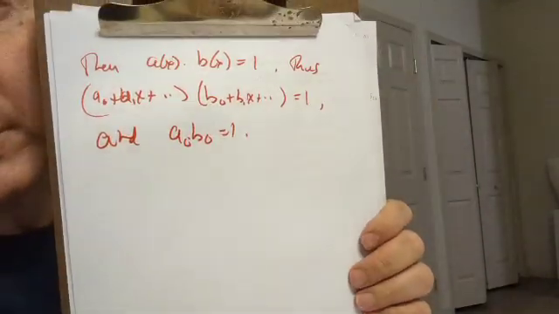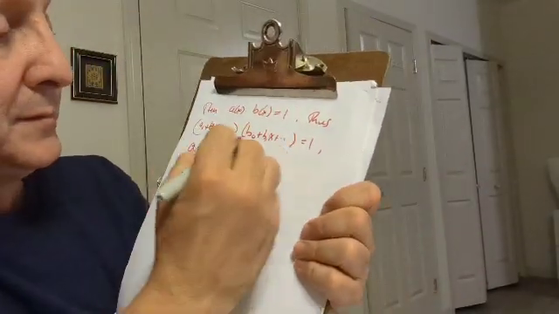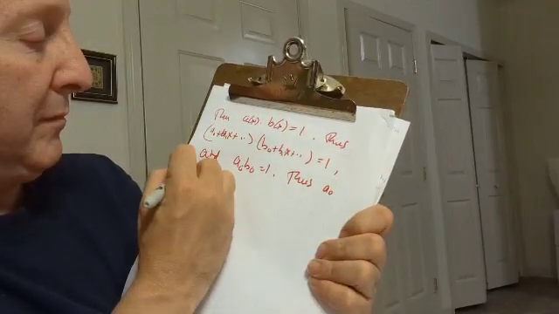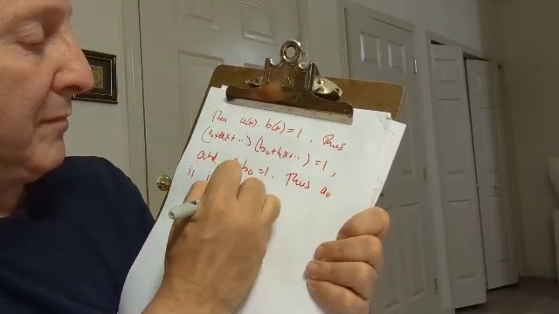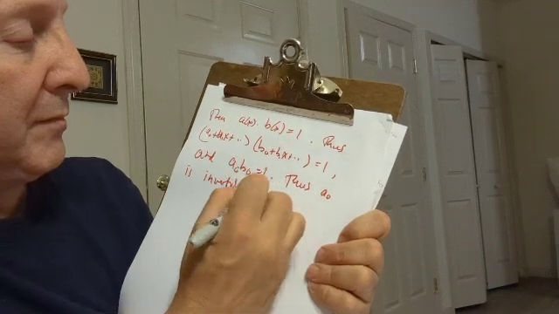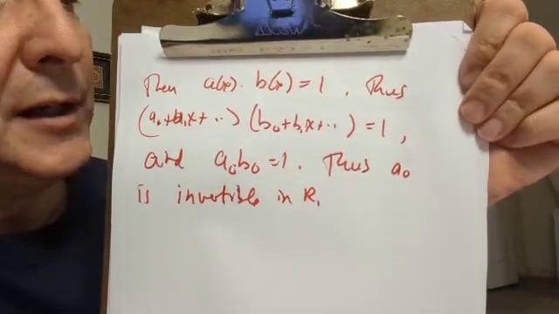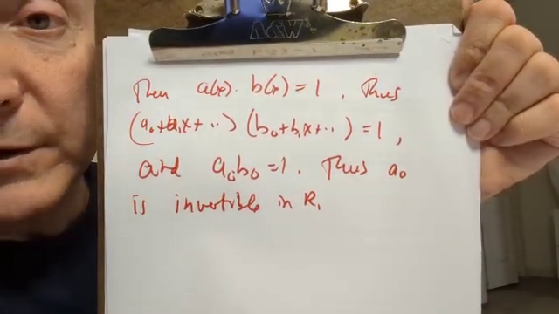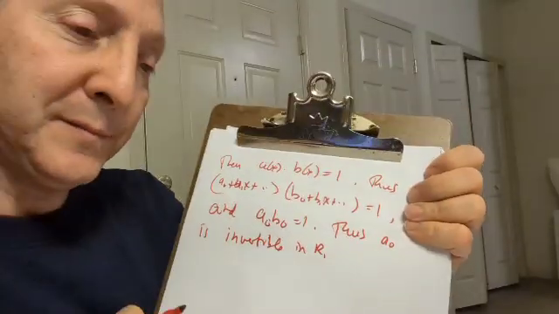In other words, a0 has to be a unit in R, as does b0. So we just showed that if we have an invertible power series, its constant term needs to be invertible in R. So that's one containment.